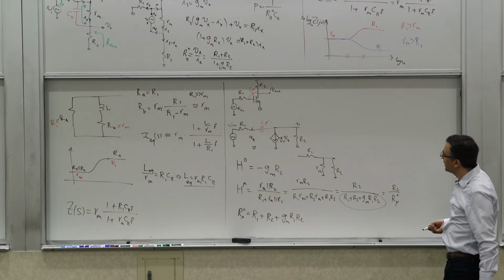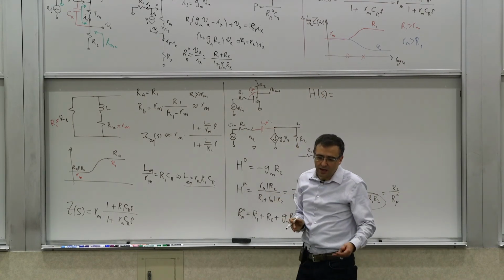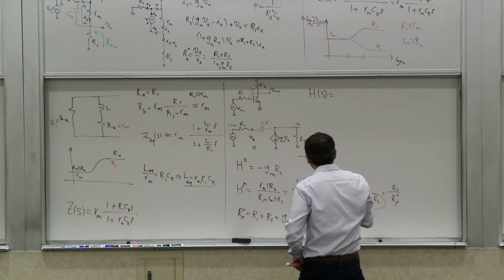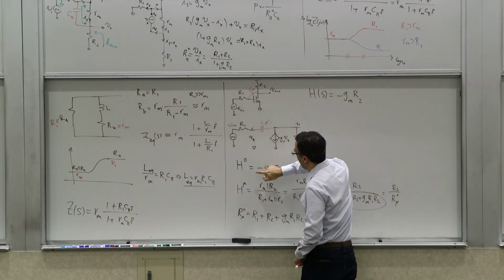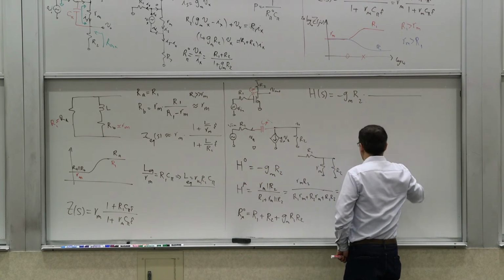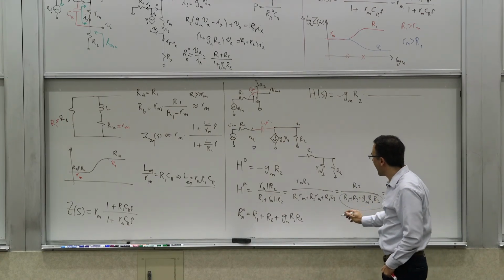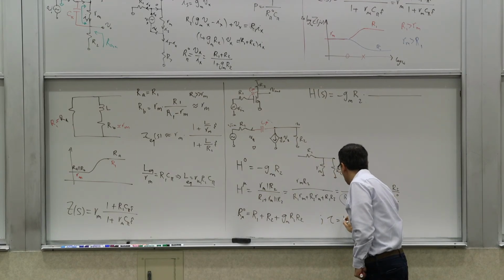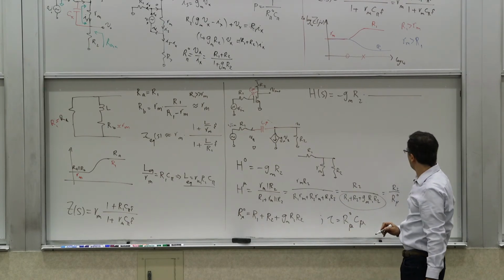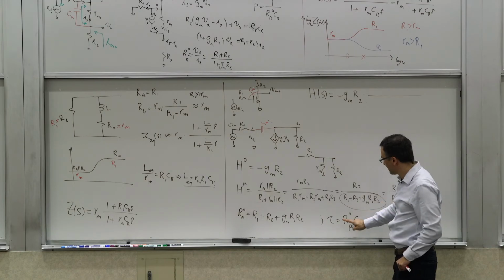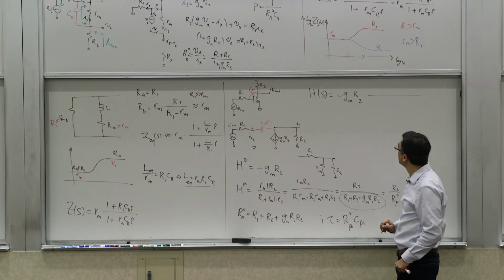So if you do these three, then what is the transfer function? What is H of s? You can write it in either form, but if you write it in the factored form, which is the better form, it will be negative gm R2, which is H0, factored from this thing, multiplied by tau. But tau is simply R mu 0, the one we calculated here, times C mu. So when you multiply by tau, these guys cancel, right? So you're left with R2 C mu.